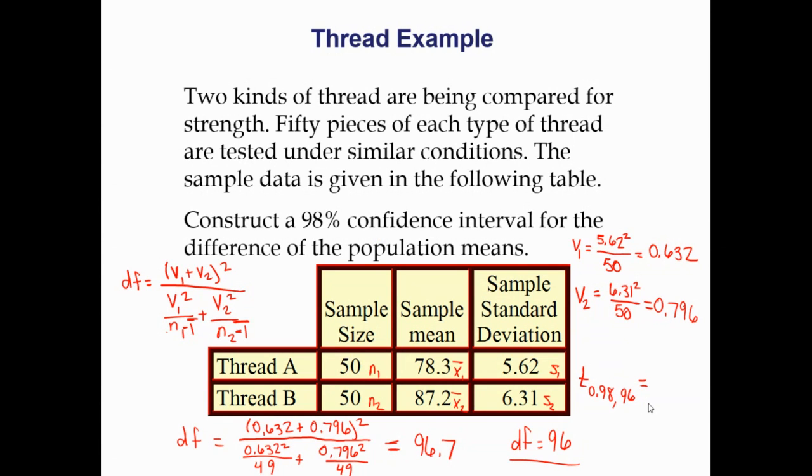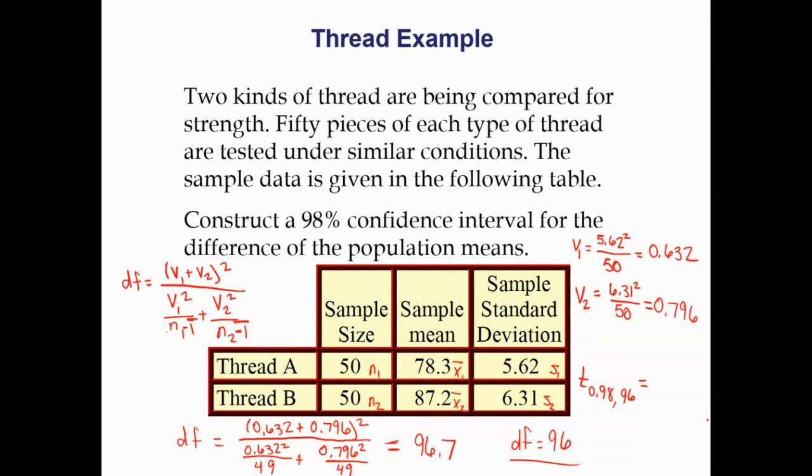If we look at our t-table, will there be a row for 96? No. What's the closest row to it? 100. I don't think there's a row for 95. It's 100. So we could use that estimate, and we would get what?